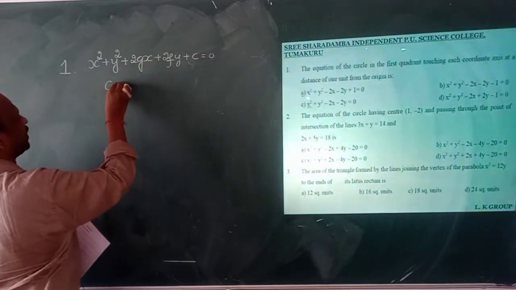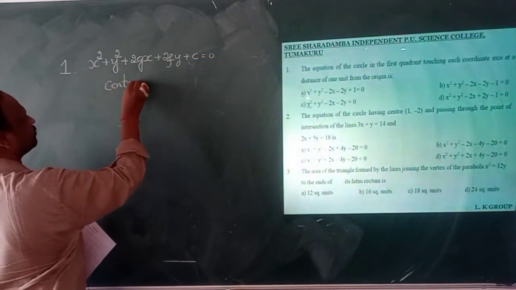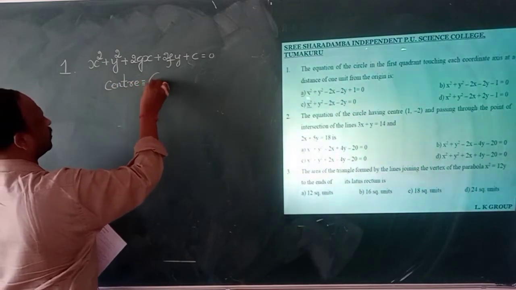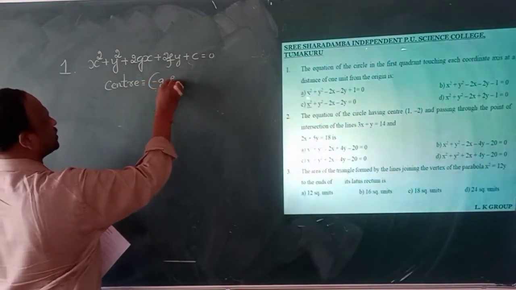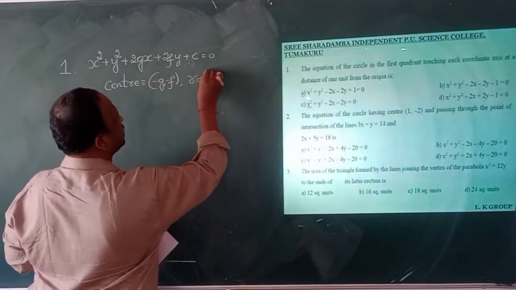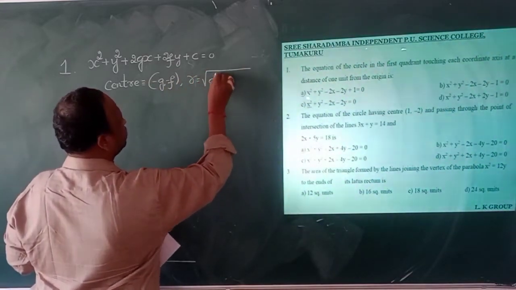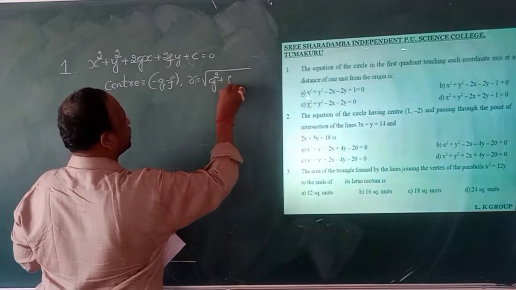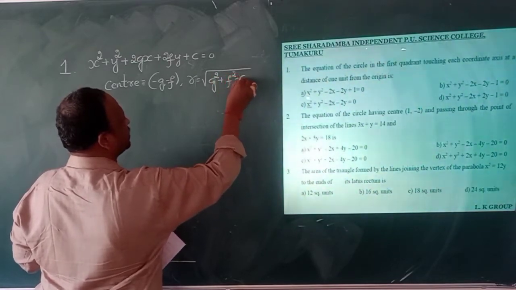Center is given by minus g, minus f. Radius is given by r is equal to root of g square plus f square minus c.